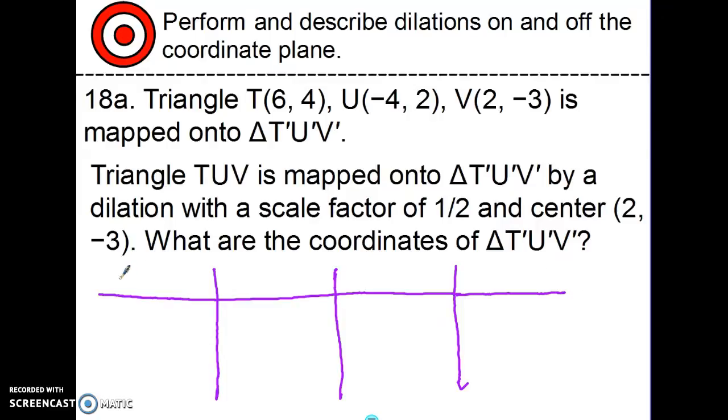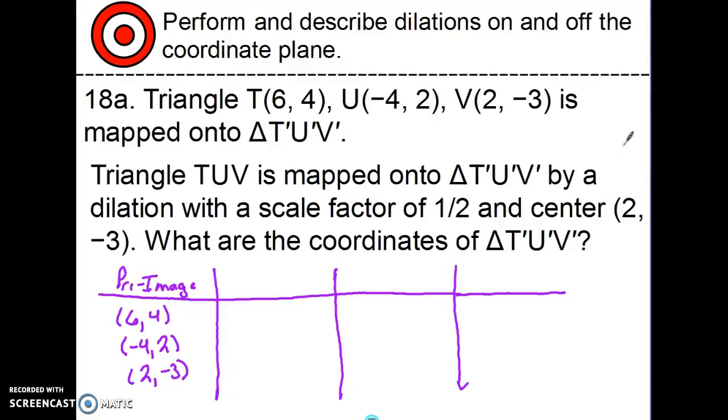All right, let's start with our preimage. We would either need to read those off a graph, or in our lucky case, they gave them to us. So we're starting out with the points 6, 4, -4, 2, and 2, -3. Our first task, since the center is not at 0, 0, is to move it so that the center would be at 0, 0.